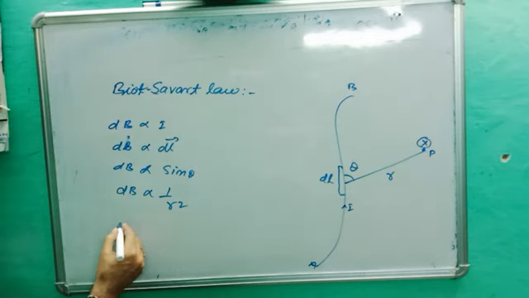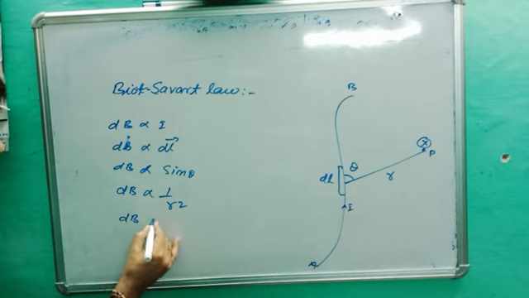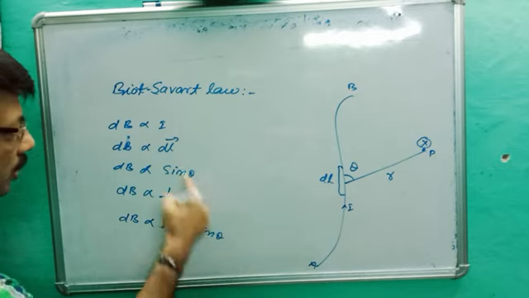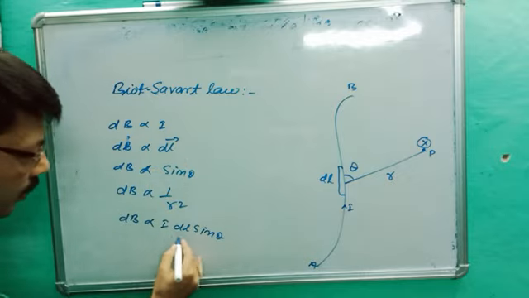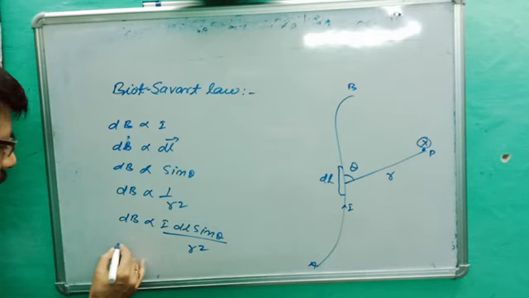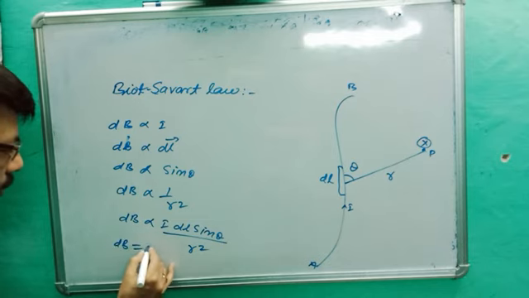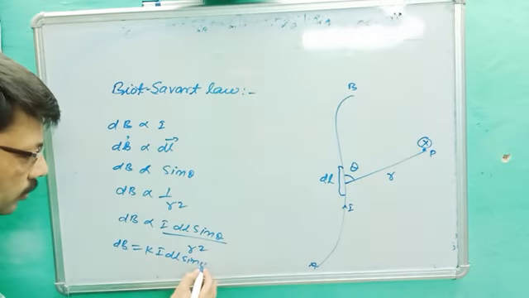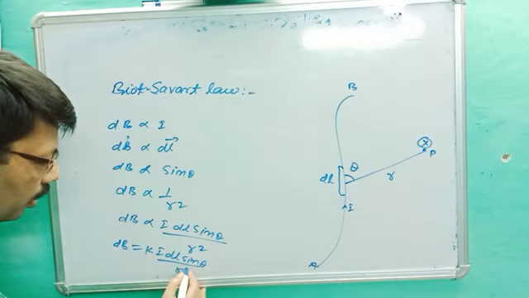If you combine them, you will get dB is proportional to I dl sin theta divided by R square. Remove the proportional sign, you will get dB is equal to K I dl sin theta upon R square.